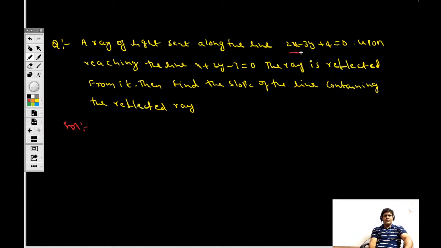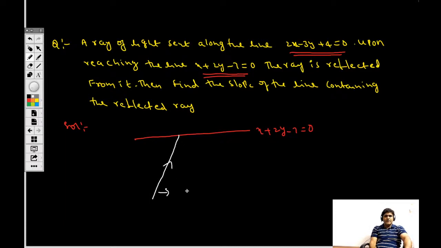And this is the incident ray. This is the mirror. So the mirror is this one, that is x plus 2y minus 7 equals 0. We have three methods to find the solution for this. Here this one is the incident ray.